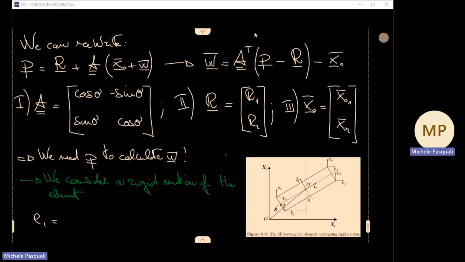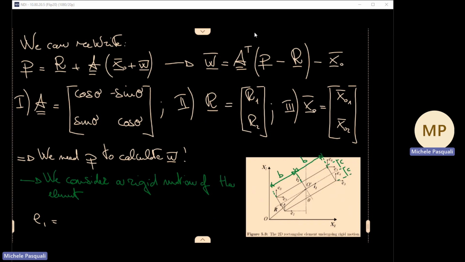Knowing that, as usual, this value here is B, and this is B as well. This is B. And of course, here we have that these two quantities are C and C. And the angle there is theta.